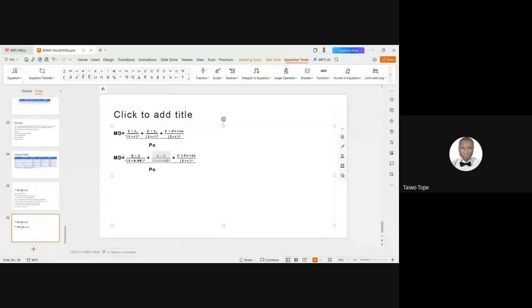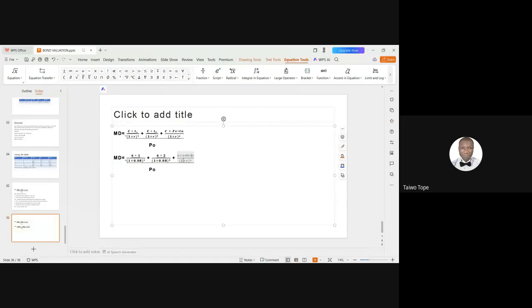The next period is 3 years. Your cash flow, this coupon, is 6, and your face value is 100, and your T is 3. This T is multiplication, please. This is plus, and this is multiplication.